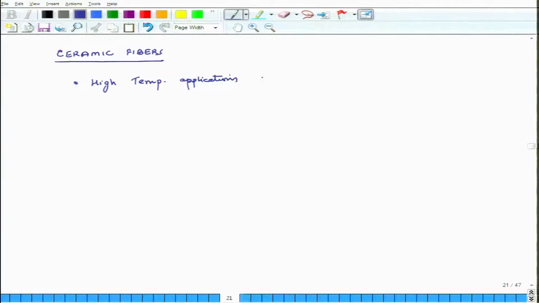So, common examples of these fibers, two very common examples are fibers made from alumina and then fibers made from silicon carbide. So, this is Al2O3. So, very quickly, how are alumina fibers made? Al2O3 fibers.